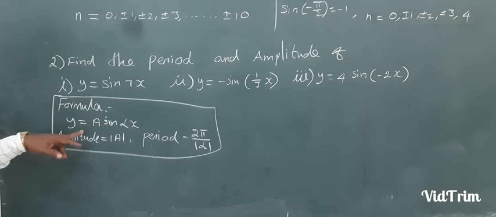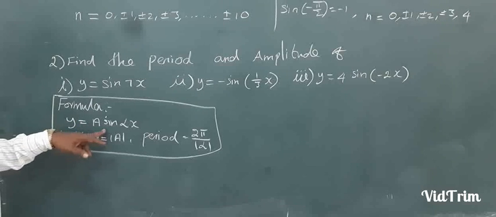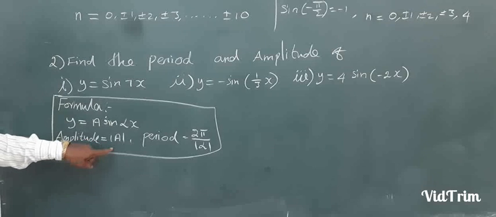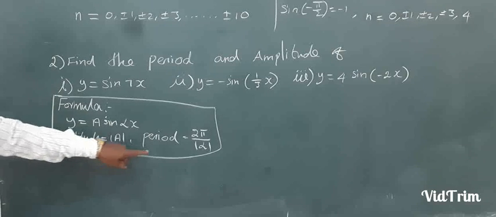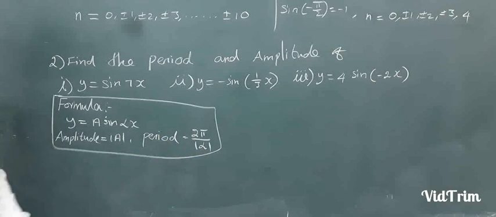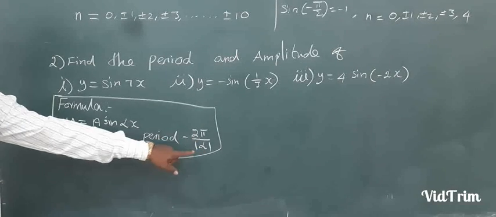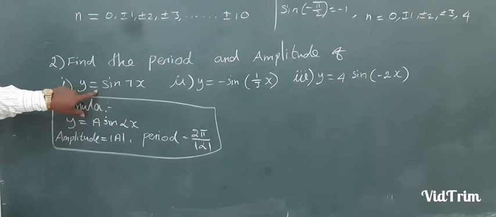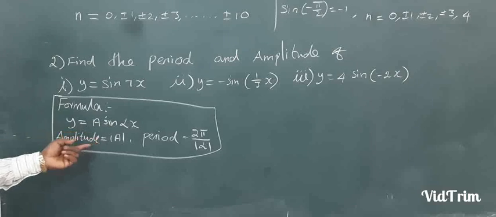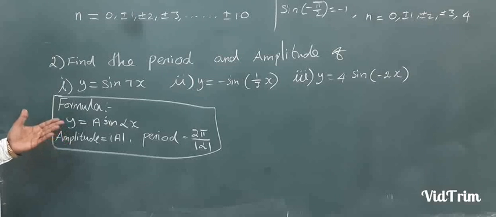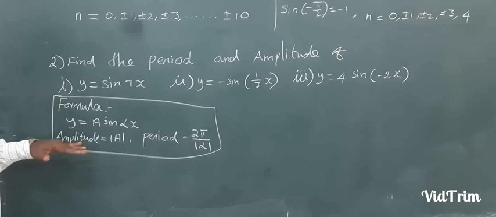If y is equal to a sin alpha x, then the amplitude is modulus of a, and the period is equal to 2 pi by modulus of alpha. You just equate the given sum, get the values, and substitute here. That is the easiest method. You don't follow your book because that is a very lengthy method.